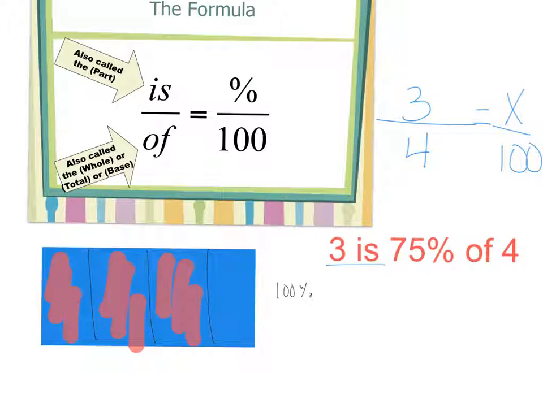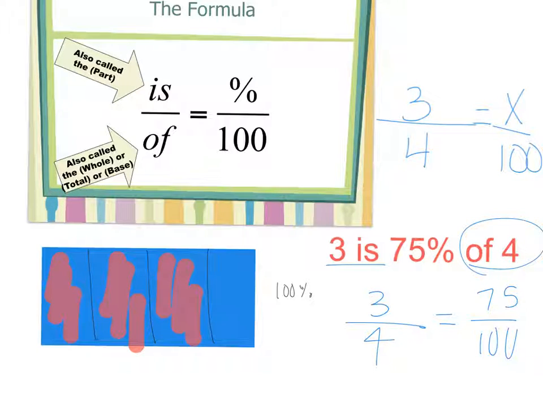So you would say 3 of 4 is the same as 75 per 100. Every time you see the percent symbol, I want you to think of out of 100. If I say what percent, that what is out of 100. Now let's put it to use.